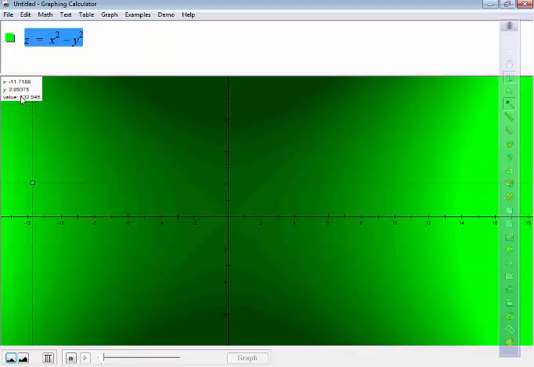It depends on what kind of algorithm they use to differentiate the shading. But looks like if I'm over here in the lighter shading, I'm going to get values that are, it says 161, so that's up high. And then if I move my cursor over here where I have a darker shading, I have a negative 56, so it goes down low. So it goes dark, low, dark, and then it goes higher and higher, and the color gets lighter and lighter. So the contour shading gives you different shades of color as you change in your output.